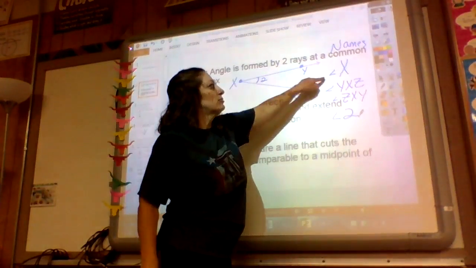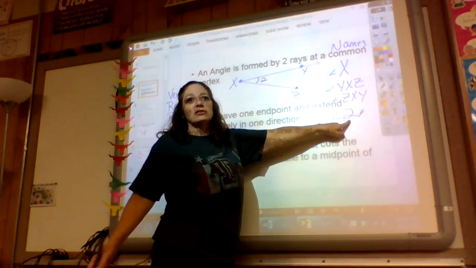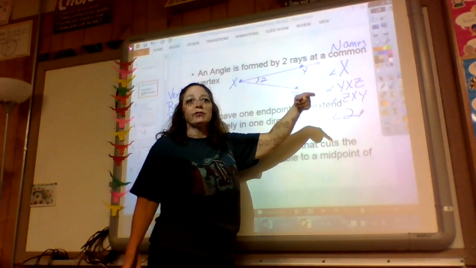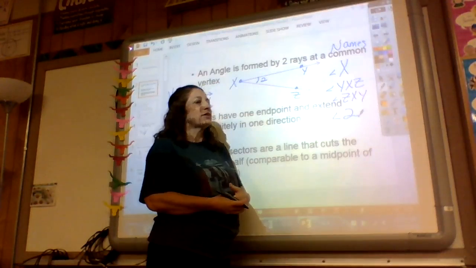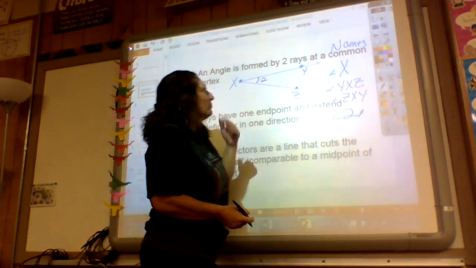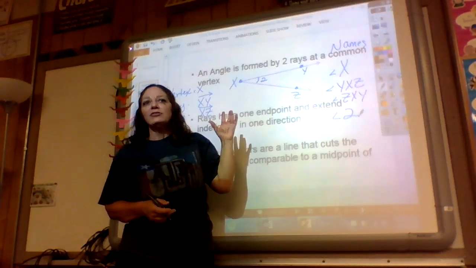Still, notice the symbol for angle is always used. If you don't have the angle in front of a 2, it's just the number 2. If you don't have an angle in front of the three letters, that could be a plane written badly. That could be a triangle written badly. You have to designate what you're talking about. It could be three points. So angle symbol. Are we pretty clear on how to name an angle?